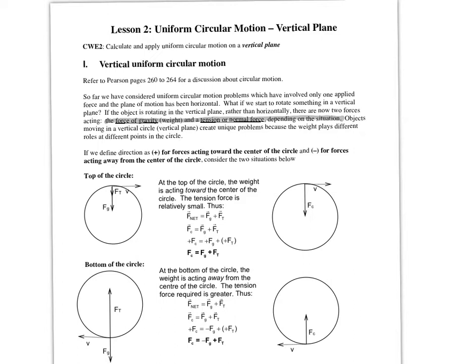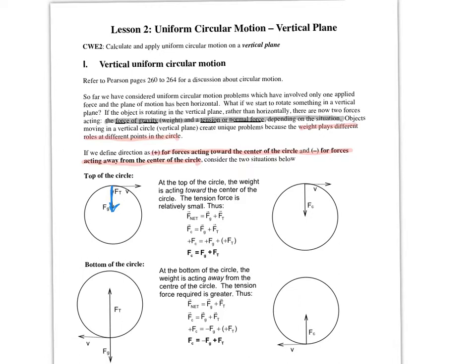Objects moving in a vertical plane create unique problems because the weight plays different roles at different points in the circle. So we use the directions as positive for forces acting towards the center of the circle and negative for forces acting away from the center of the circle. At the top of a circle, we have a tension force towards the center of the circle, and we also have a gravitational force.